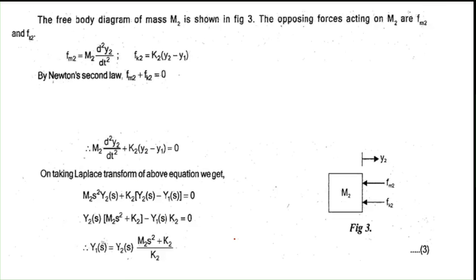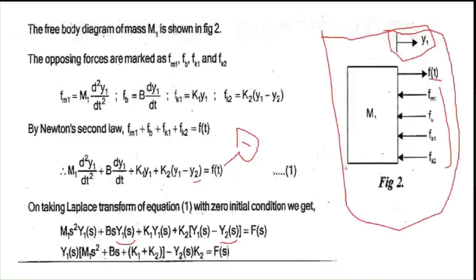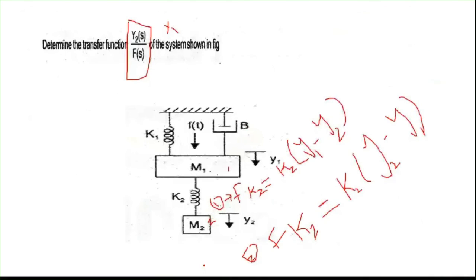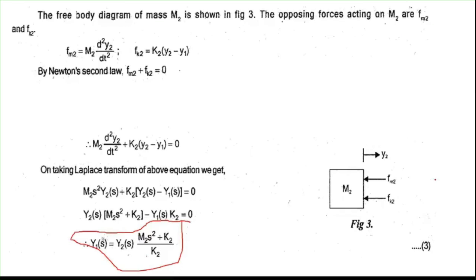Y1 of s equal to y2 of s into m2 s square plus k2, by k2. Did you get this equation? By rearranging these terms. Take the second node and draw the free body diagram. Here there are only two forces, one due to m2 and another due to k2.